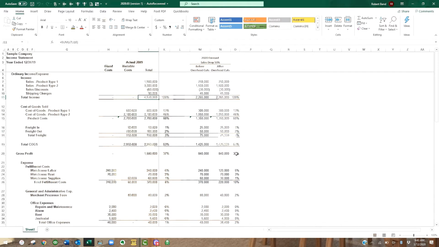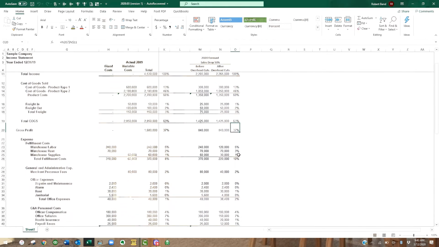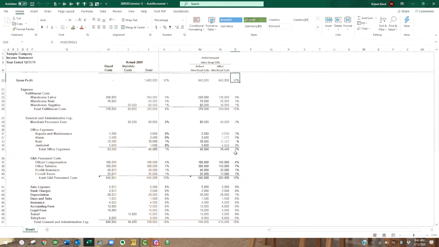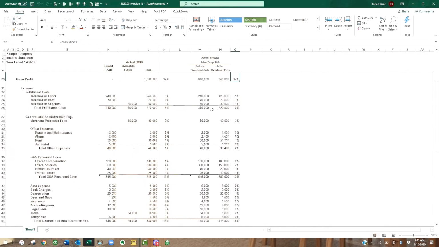So our gross profit will be half. 840 is half of last year's $1.6 million. Gross profit margin remains the same at 37. This assumes we sell both products, but just half of each one. Now, let's look at what we would do if sales went in half.